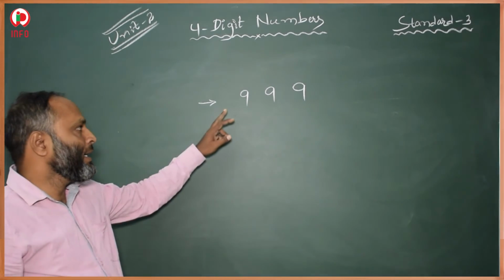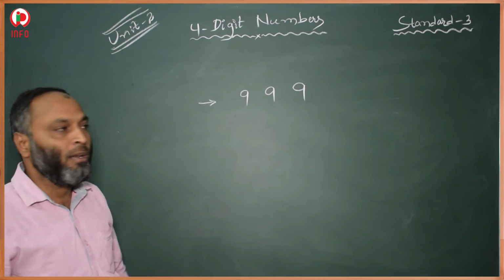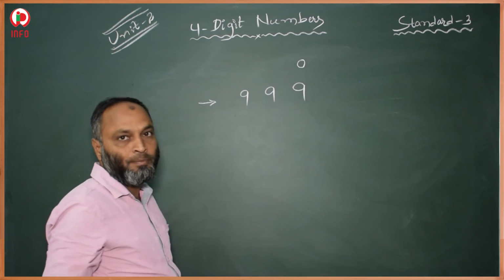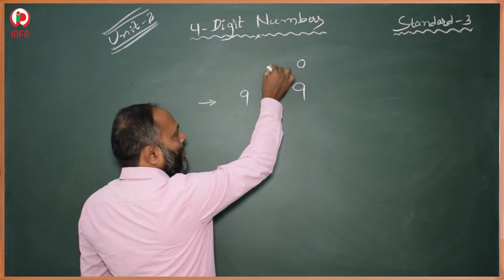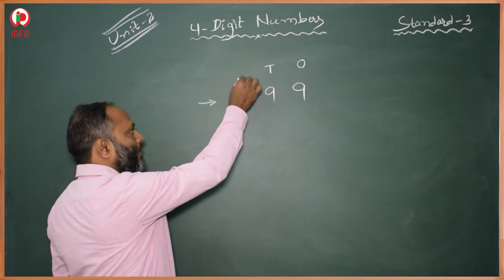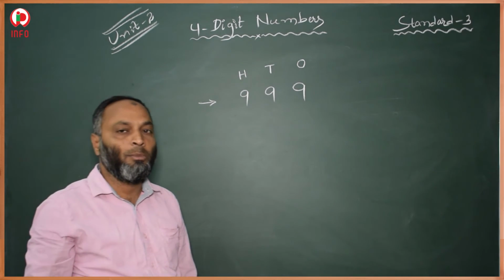This is the greatest 3-digit numeral. There is 9 in the ones place, one more 9 in the tens place, and one more 9 in the hundreds place. This is the largest 3-digit numeral.